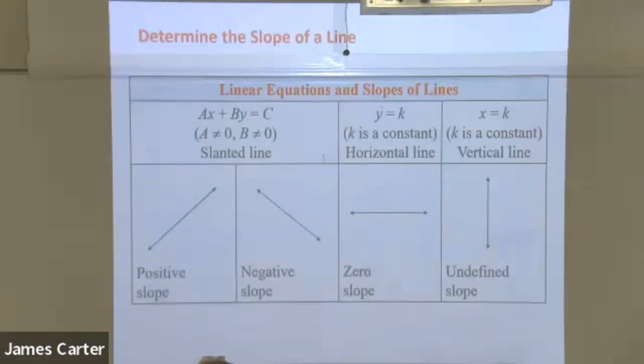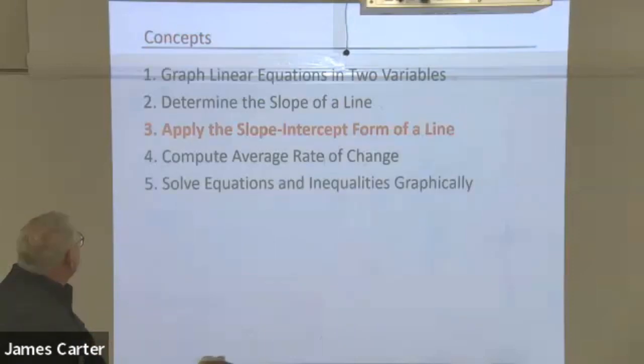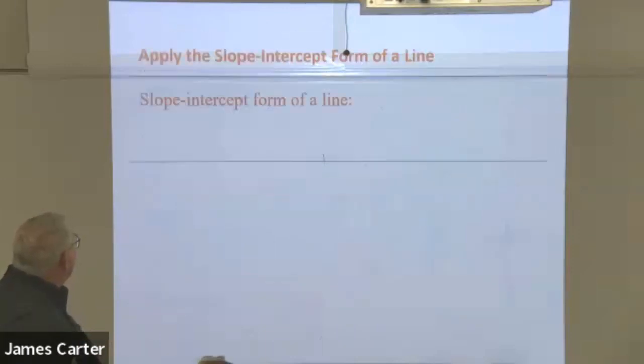Okay, now, we've already talked about this, we talked about that. Now we're going to deal with these generally. Here's a generality. If the line goes up left to right, you're going to have a positive slope. If the line goes down left to right, you're going to have a negative m value or slope. Now, slope-intercept form of a line.